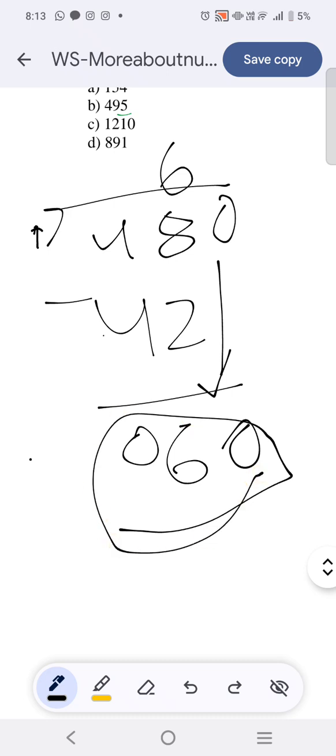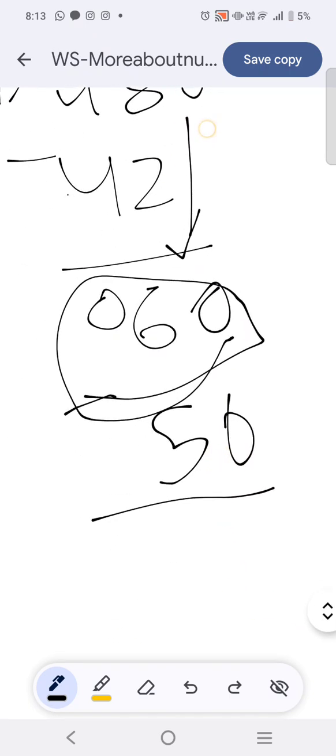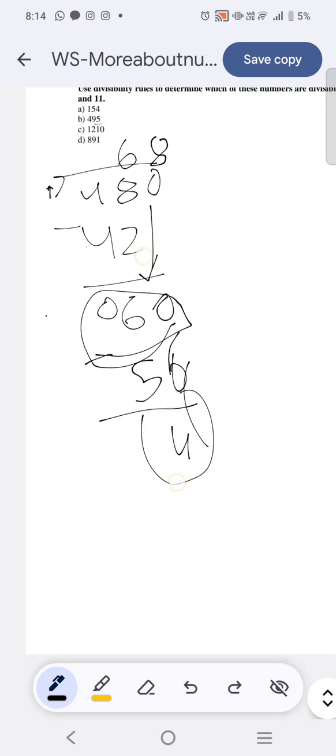Oh, we got 60 here, right? Oh, right. No, wait. We can do something. Okay, so we can do 7 8s are 56, and we can do the subtraction here. 60 minus 56 is 4. But now we can't do anything because 4 is the remainder.